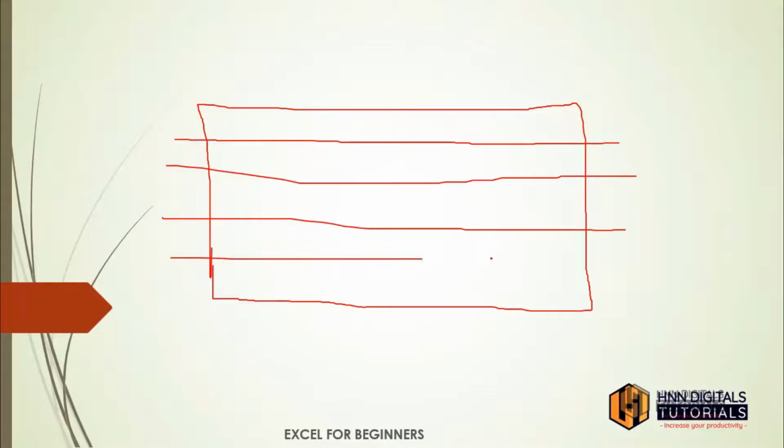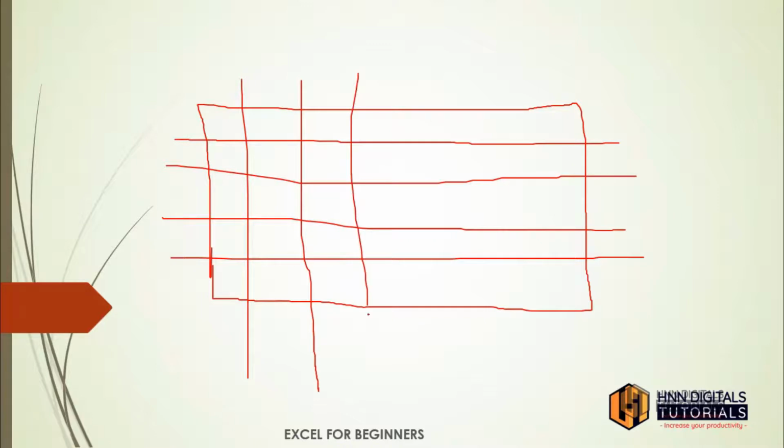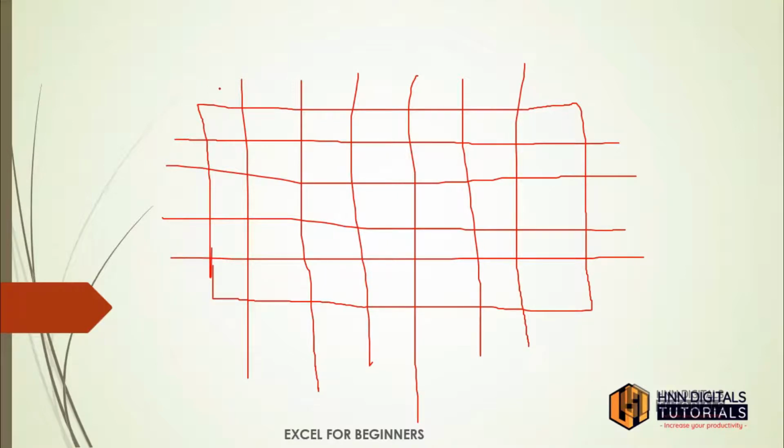So this is how Excel looks like. 1, 2, 3, 4, 5, 6. Going across like this is what I refer to as rows.